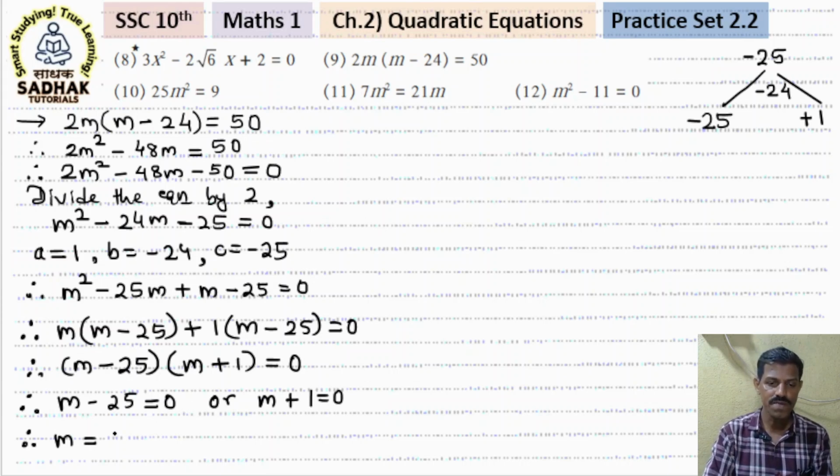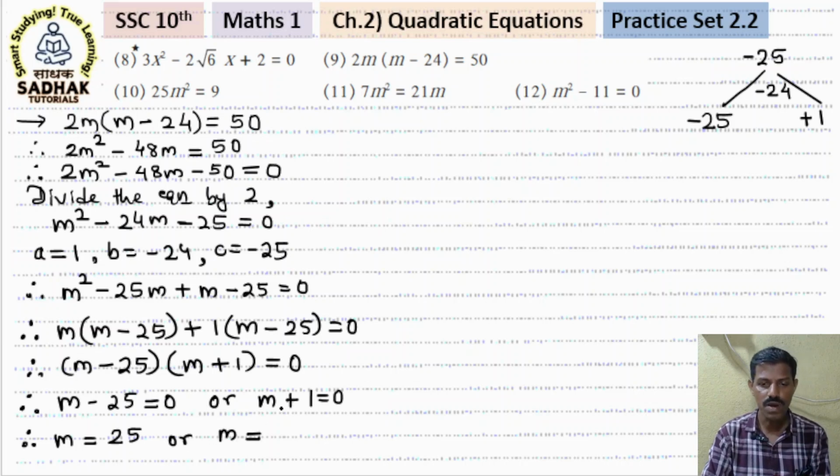So 0 plus 25 will give us 25, or m is equal to, this plus 1, when it goes on the right hand side it will become minus 1. 0 minus 1 will give us minus 1. Okay, so these two are the roots of the equation. Okay, so m is equal to 25 or m is equal to minus 1 are the roots of this given equation.